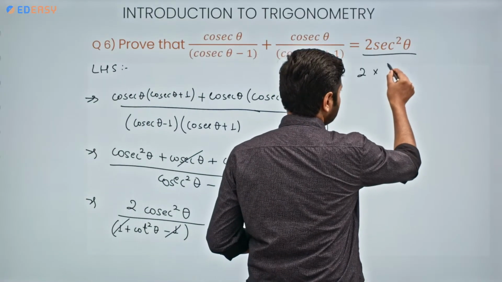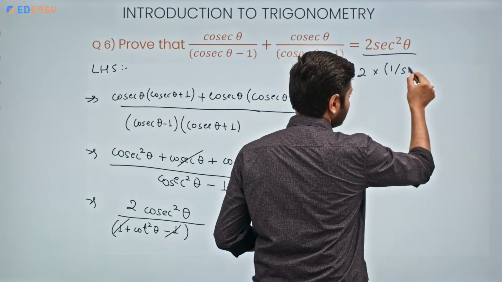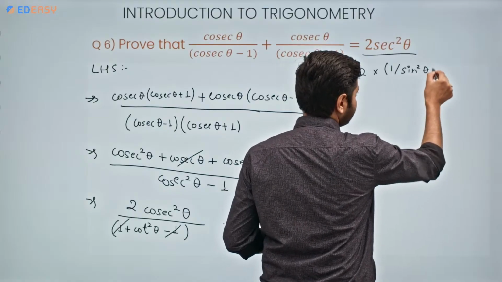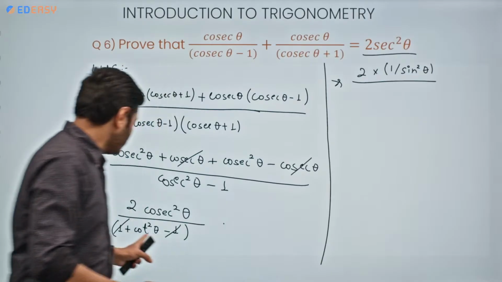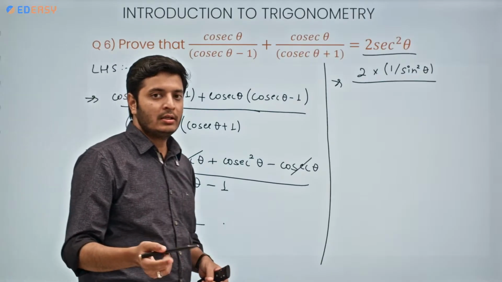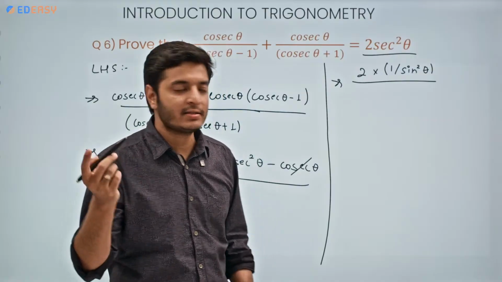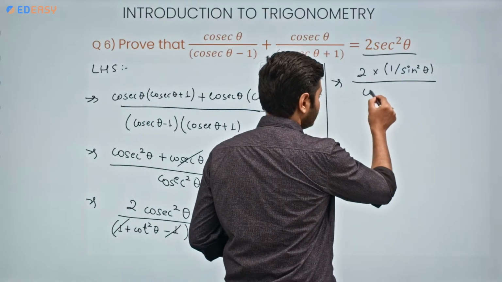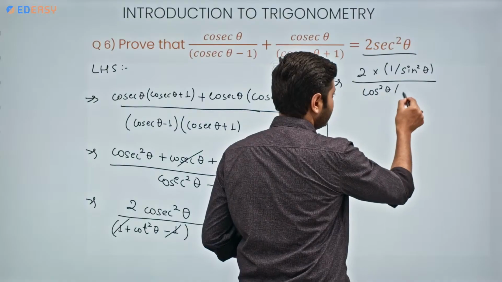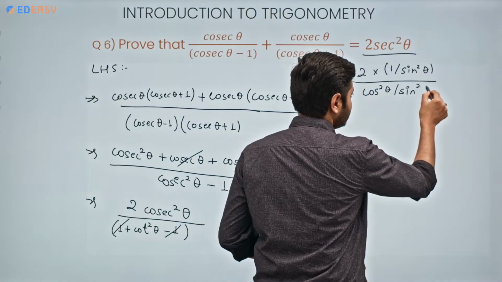So 2 into 1 by sine square theta divided by cot square theta. Cot theta is cos theta by sin theta, so squared value, cos square theta divided by sin square theta.